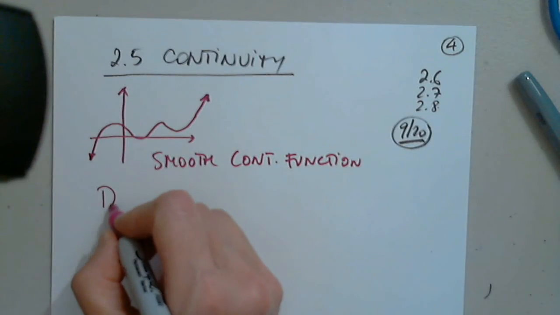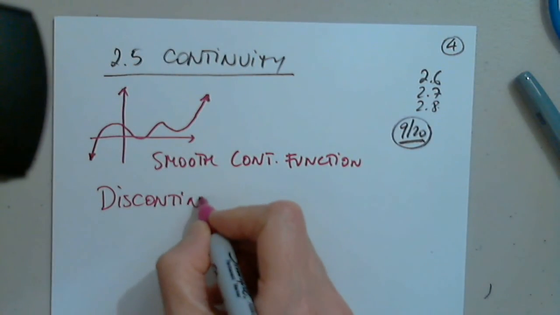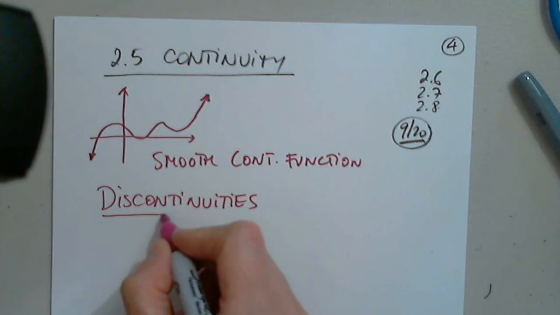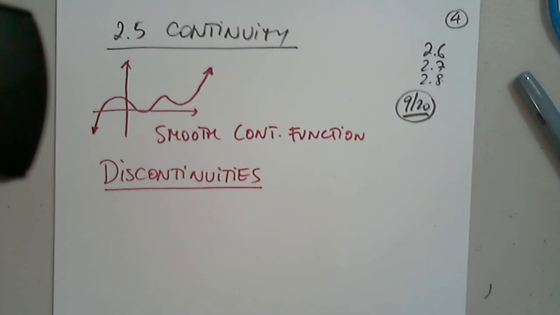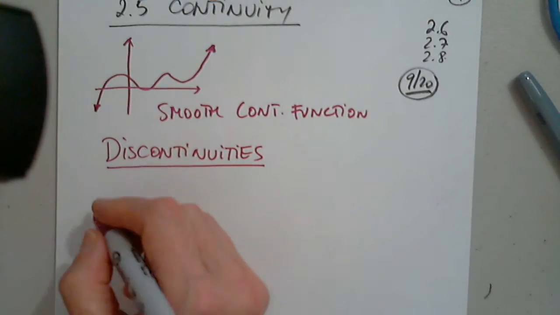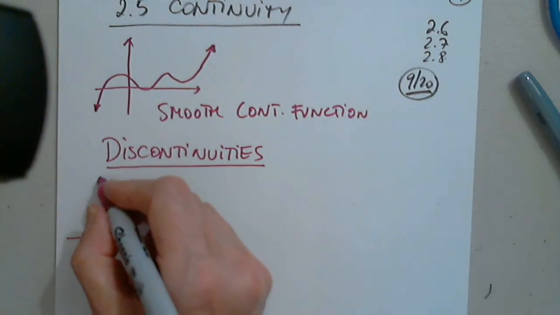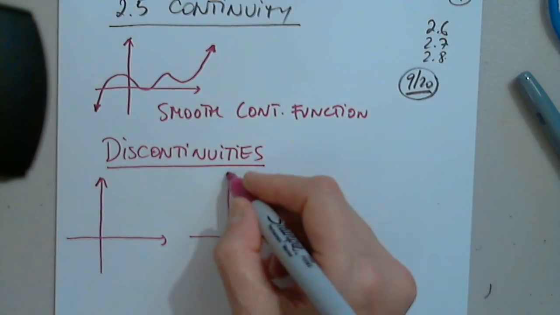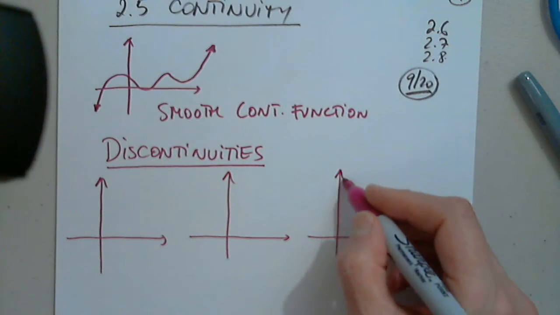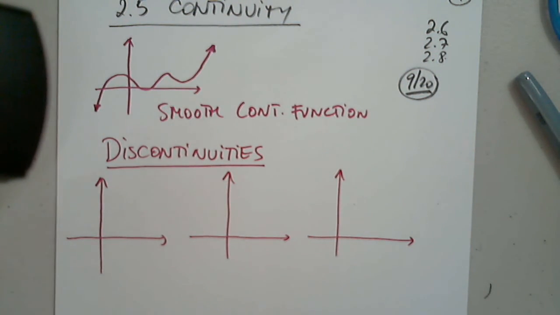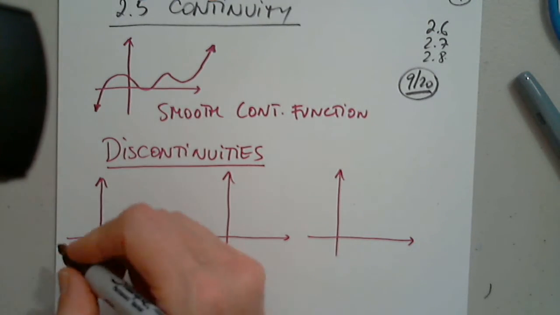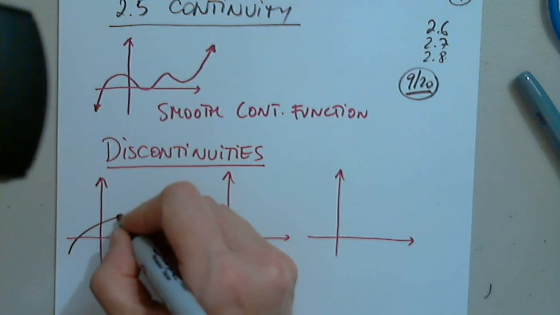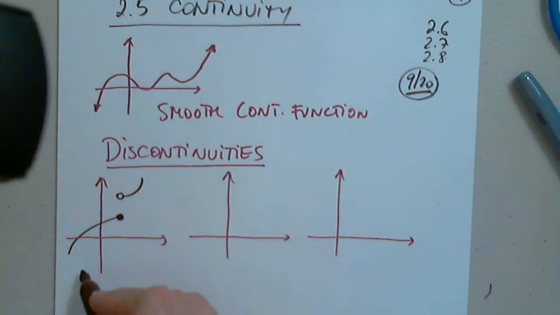Okay, discontinuity. In how many ways is a function not continuous? Discontinuities. So there are a few options. Here is one. It's called jump. This is a jump discontinuity.